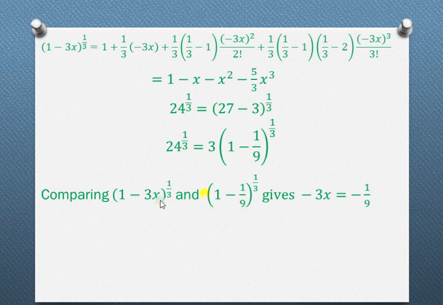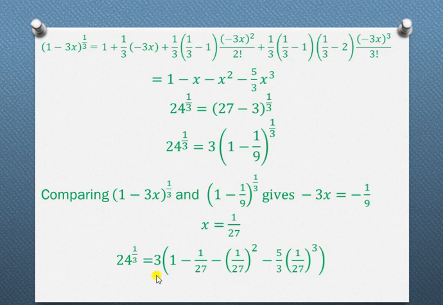So we are simply comparing the two brackets such that our negative 3x gives us negative 1 out of 9, and therefore by dividing through by negative 3, we shall come up with the value of x as 1 out of 27. Now remember, we have kept the 3, but this 3 has to be brought back later, especially when you're doing the substitution.